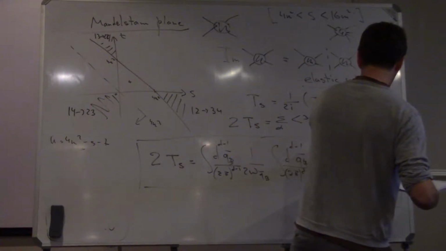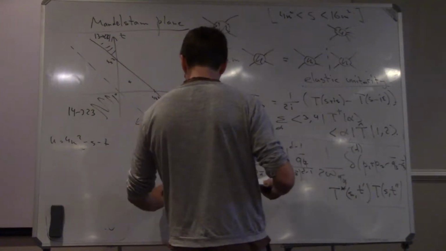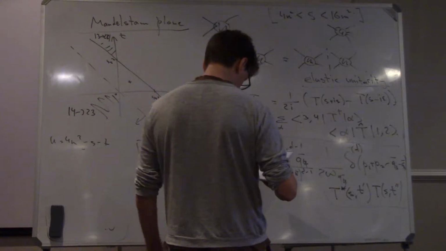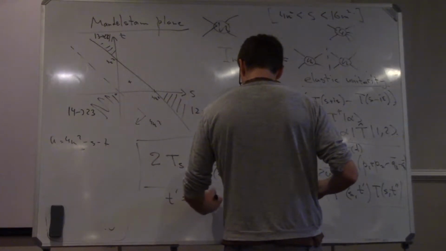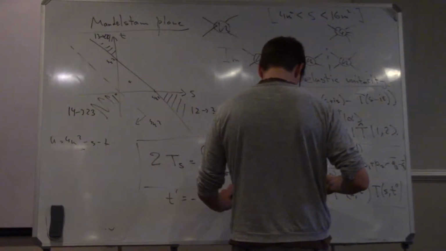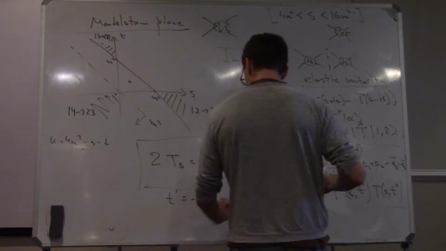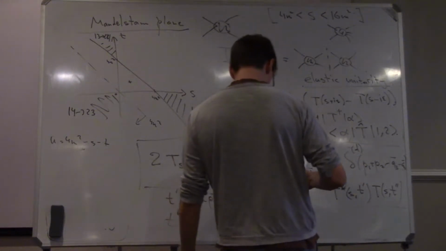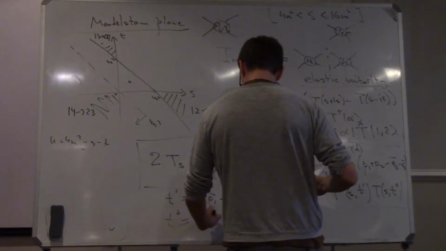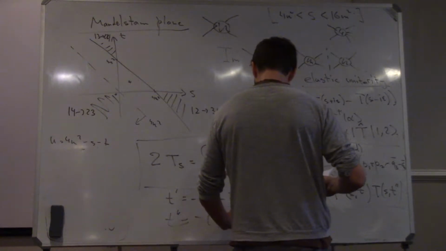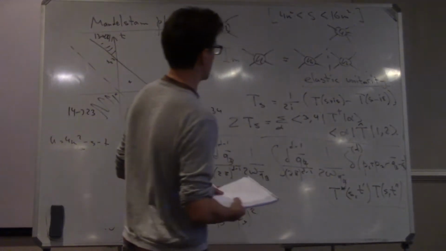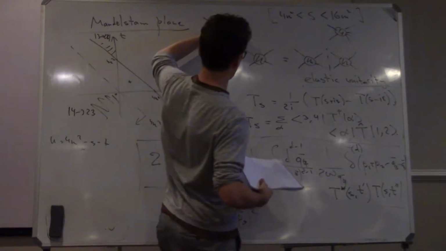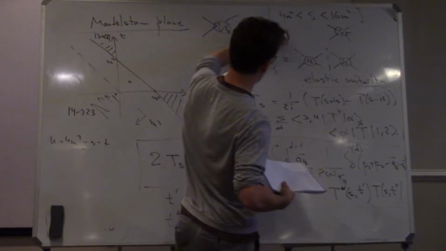Where T prime is minus E1 minus Q3 square, T double prime is minus... So again, the idea is simply we start with particles, say 1, 2.